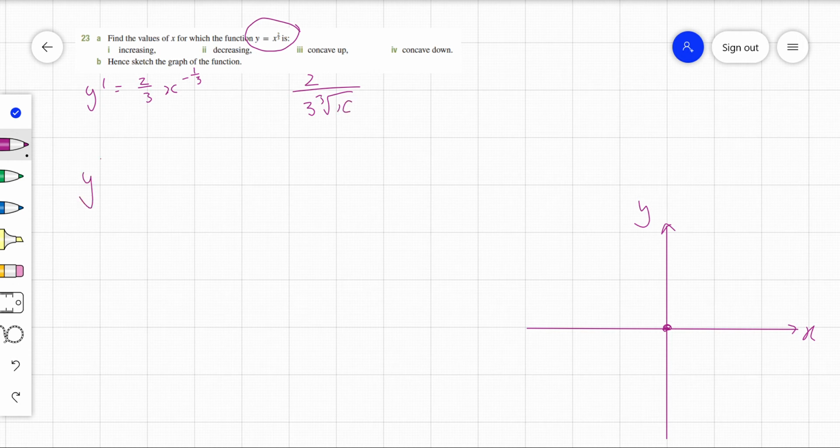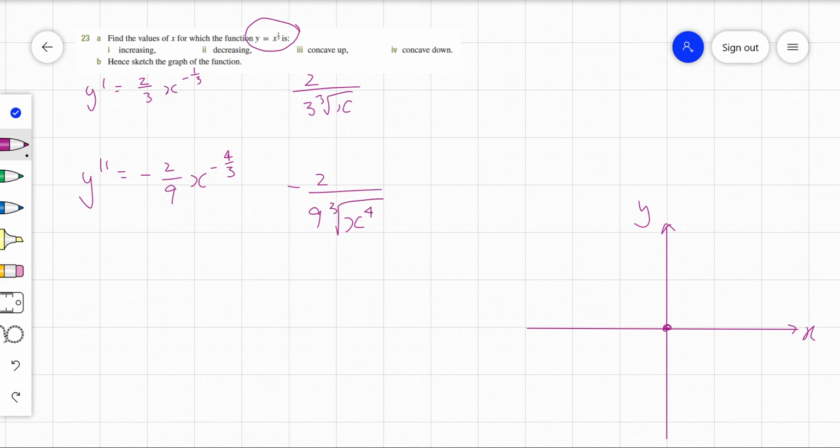All right, what about y double dash? Then I'm putting minus 2 on 9, x to the minus 4/3. Another way of writing that would be negative 2 on 9, the cube root of x to the power of 4. Is that right?